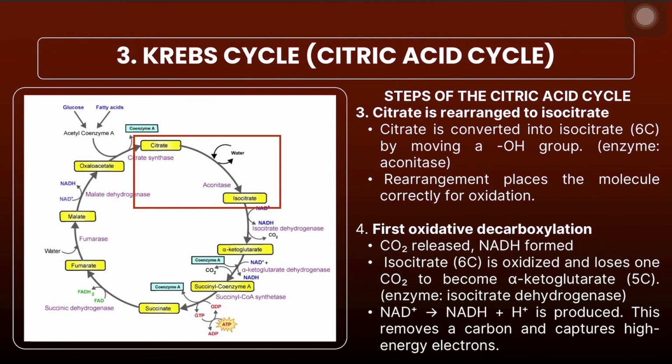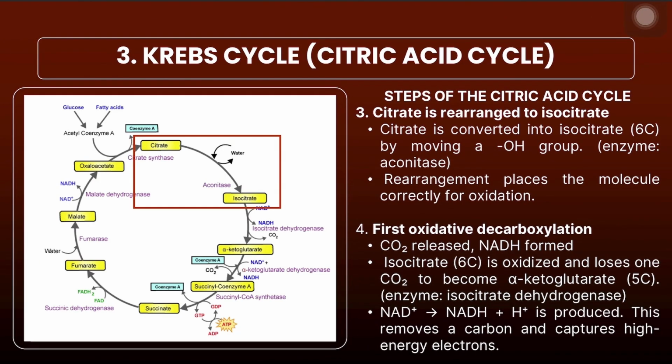So for the third step, the citrate is rearranged to isocitrate. In this step, the citrate is rearranged into isocitrate because of the enzyme aconitase. Here, what happens is that the hydroxyl group within the molecule will be moved to a new position. Because of the new position of the hydroxyl group, it makes the compound easier to oxidize in the next steps.